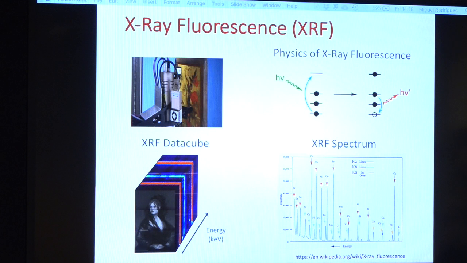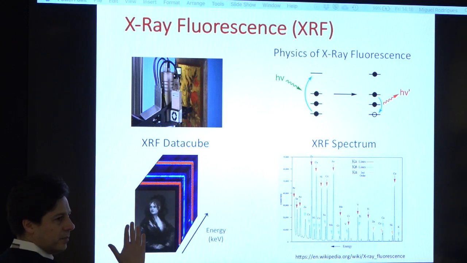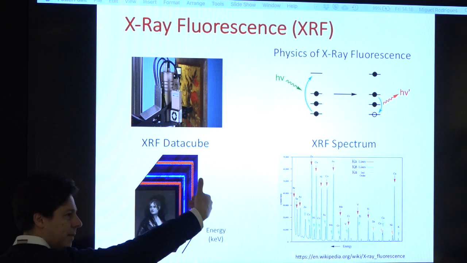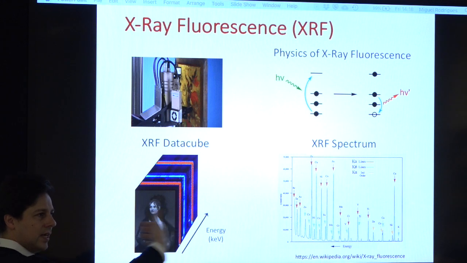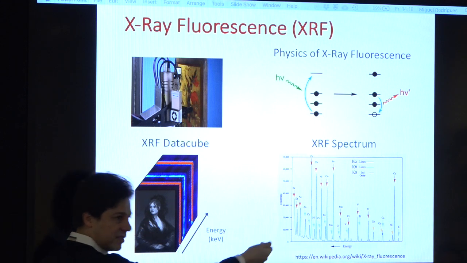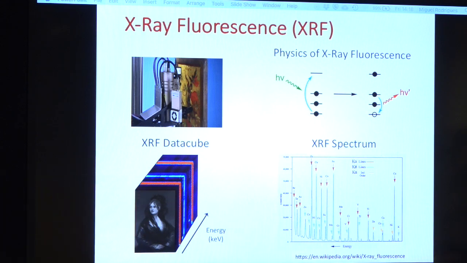So in fact, what this type of device produces is a kind of data cube, an XRF data cube, where you've got an image, but there's also depth, and this depth relates to the signatures at the different energy levels associated with this particular spectral signature per pixel.